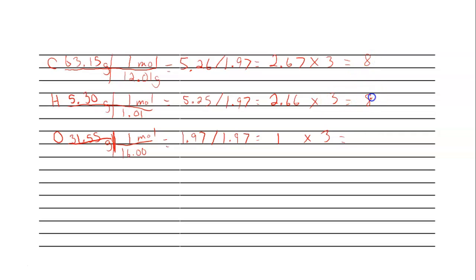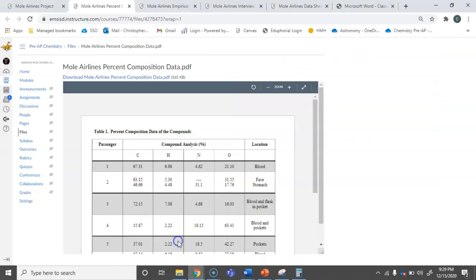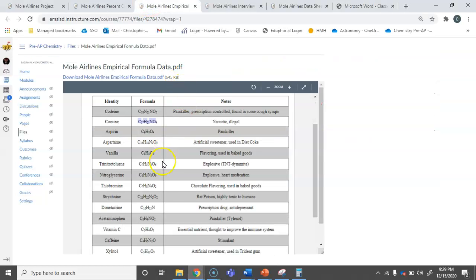This is also going to be close enough to 8 that we can round that to. And then last one here is going to be 3. We now have our formula, C8H8O3. And if we go back and look at our substance list on table 2, we can see that C8H8O3 is going to be right there, vanilla.